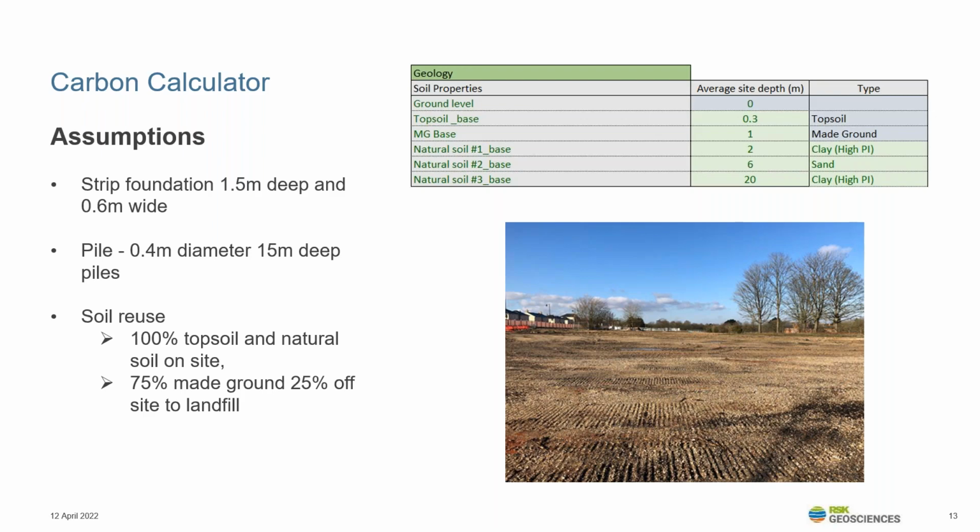We've made a number of assumptions, and these are fairly accurate ones because we know the depth of the piles next door. So we were able to include a 15 metre deep, 0.4 metre pile for the model, a 0.5 metre thick piling mat, and for the model, I've also at this stage modelled the 450 houses at 1.5 metres deep and 0.6 metres wide.